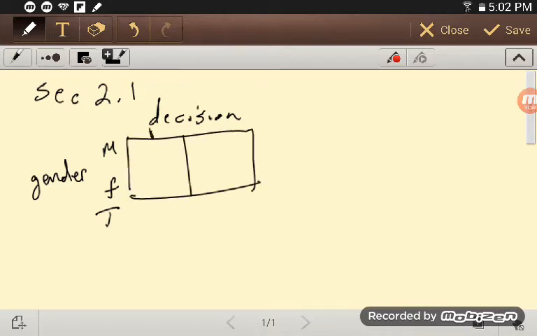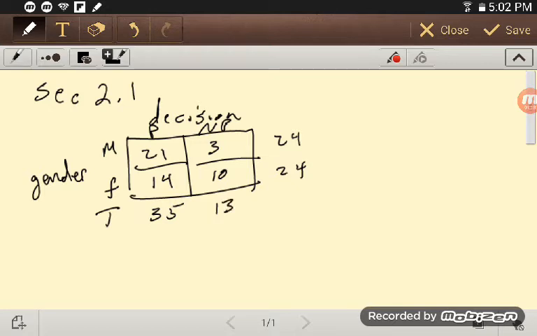And whoops, promoted, not promoted, and 21, 3, 14, 10, and so that made 24, 24, and 35, and 13, for a total of 48.